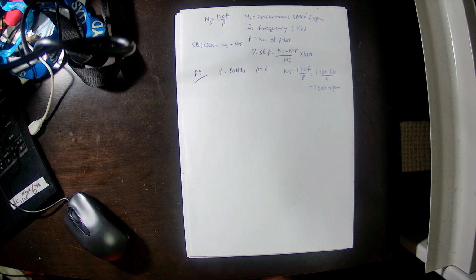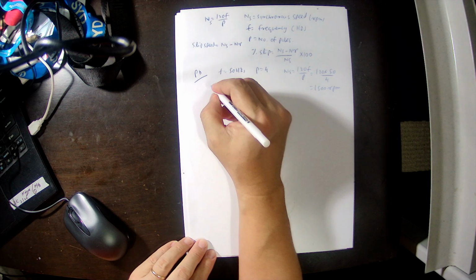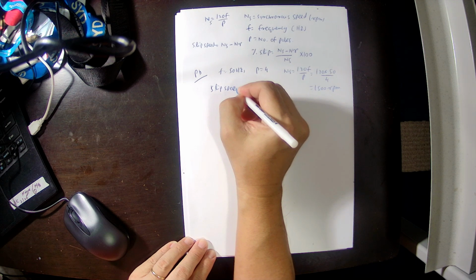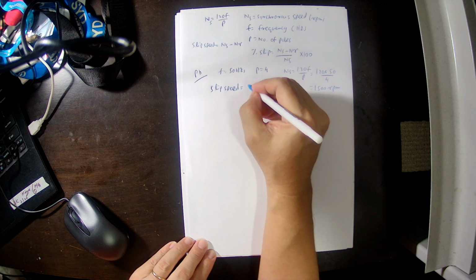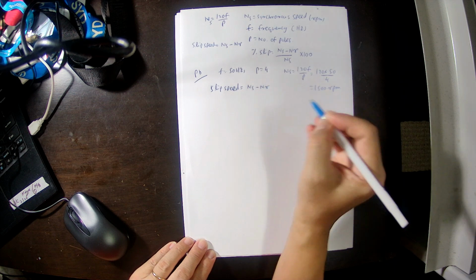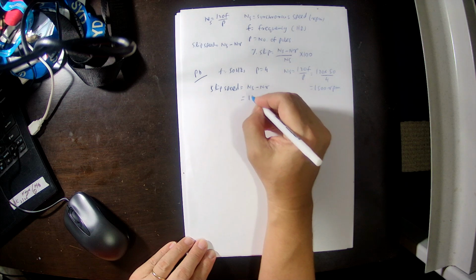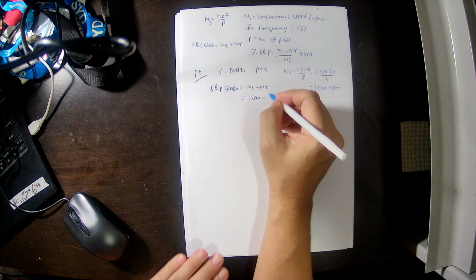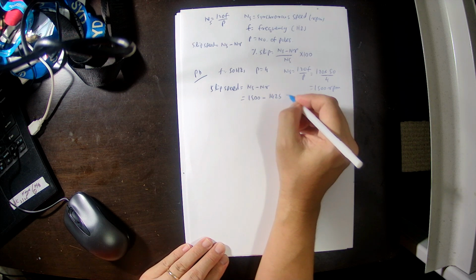Then we can calculate the slip speed. Slip speed is equal to Ns minus Nr. So Ns is 1500, Nr is 1425, so there will be 75 RPM.